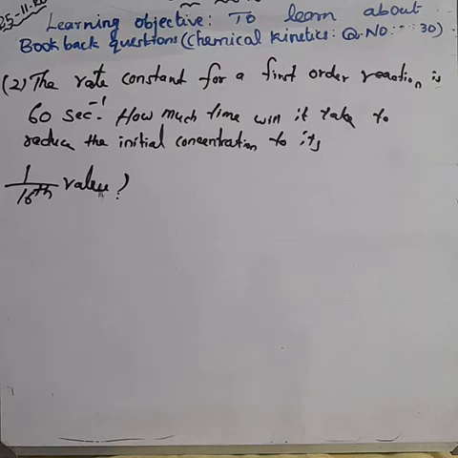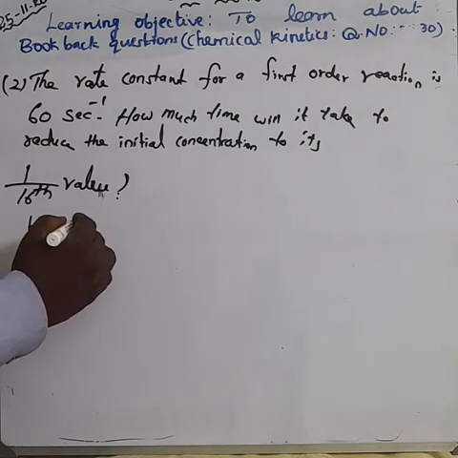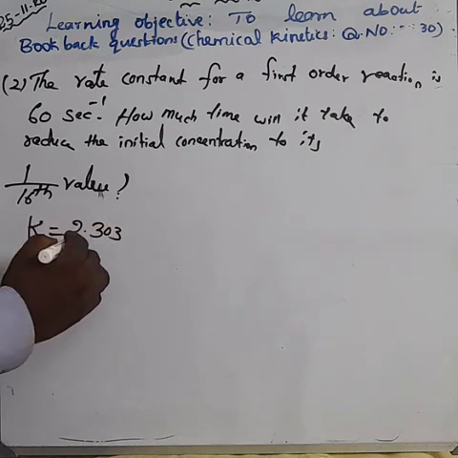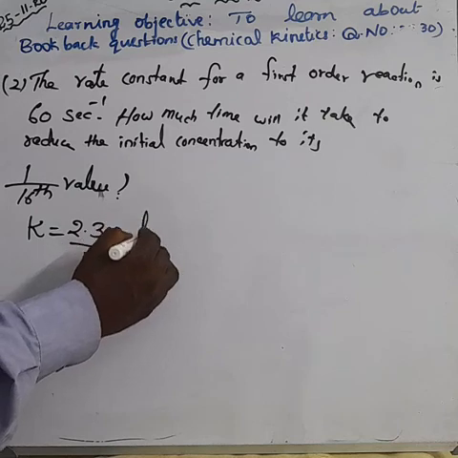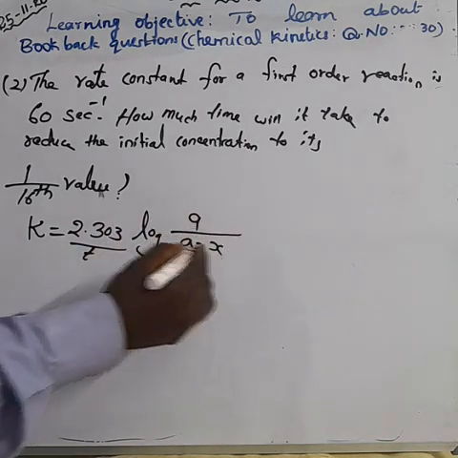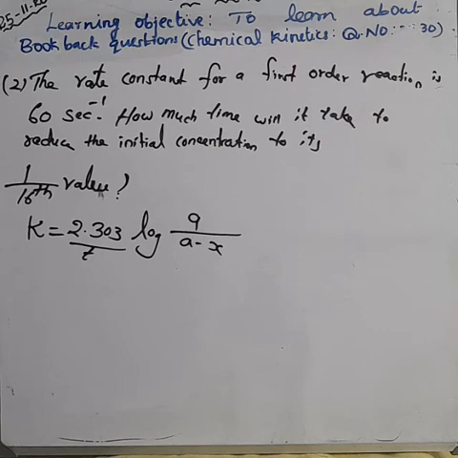Okay. Here we should write the formula. What's the formula? K is equal to 2.303 divided by T log of A by A minus X. Clear?